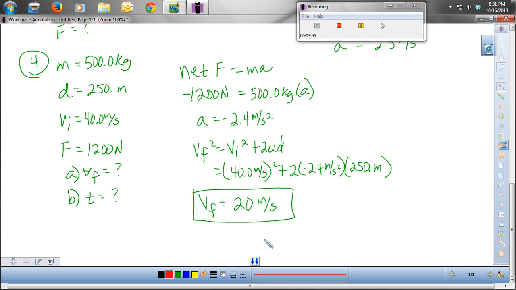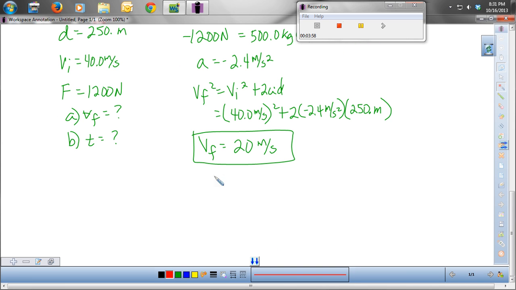And then they said it takes the train 8 seconds to clear the crossing. And so I need to find out how long it takes the car to clear the crossing and then compare those times. So I said, well, VF is equal to VI plus AT. That rearranges as T is equal to VF minus VI over A. VF is 20.